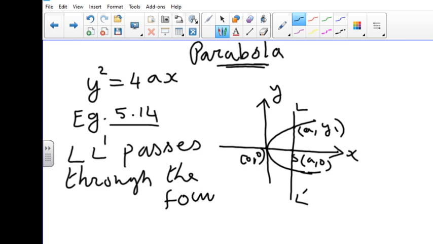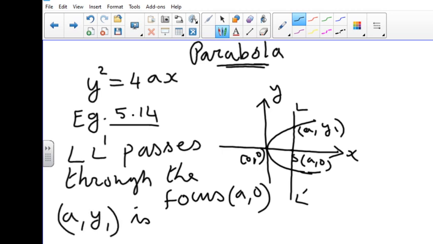It passes through the focus (a, 0). So we'll consider the point (a, y1), which is a point on y square is equal to 4ax.